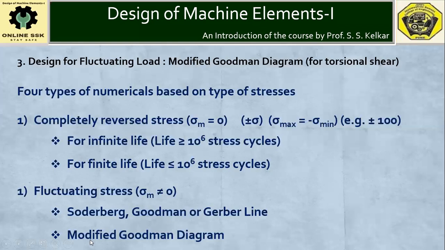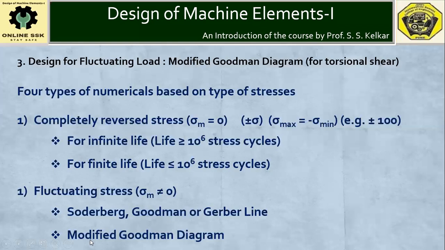Up till now, we have considered the modified Goodman diagram for designing machine parts subjected to fluctuating stress wherein the nature of the fluctuating stress is direct, that means sigma m was not equal to 0. For such cases, we have used the modified Goodman diagram.